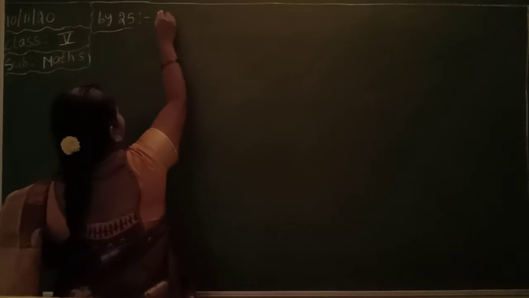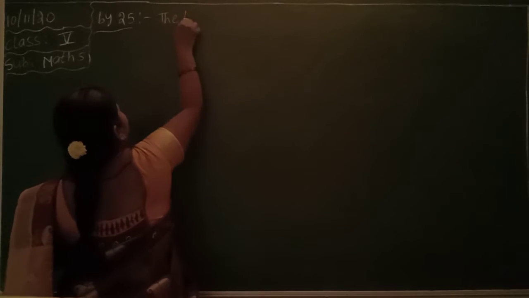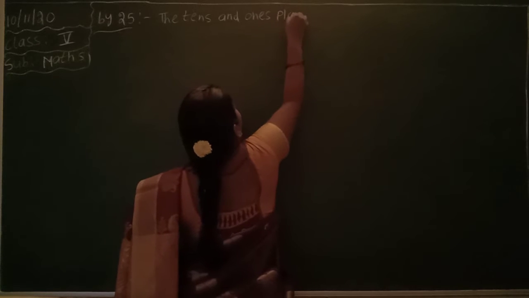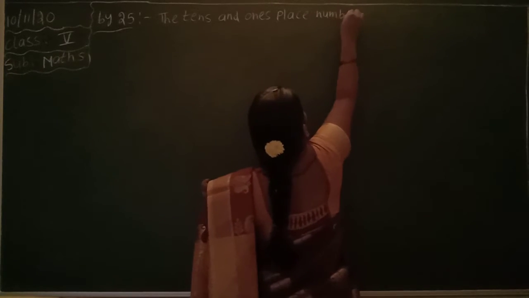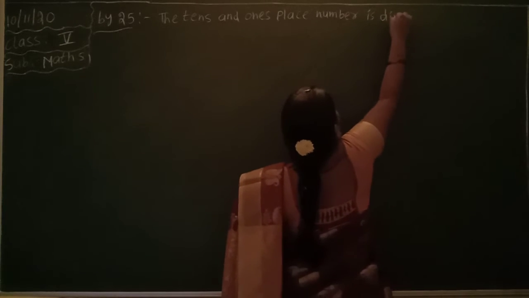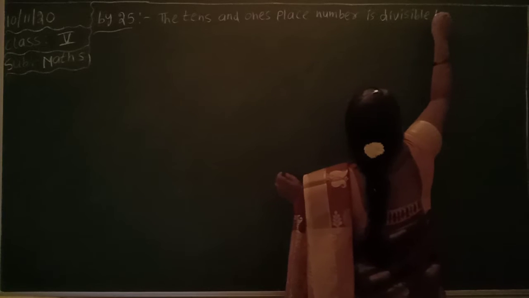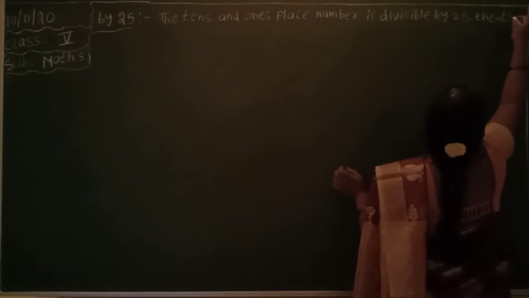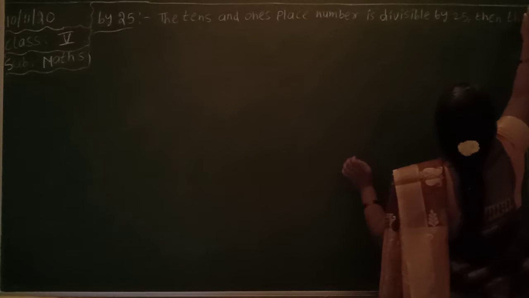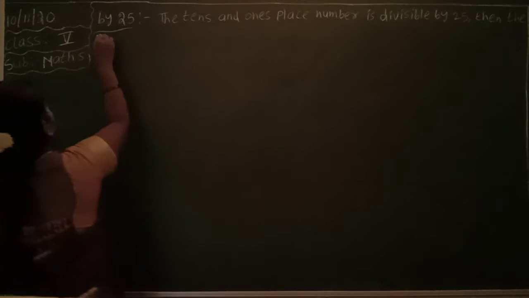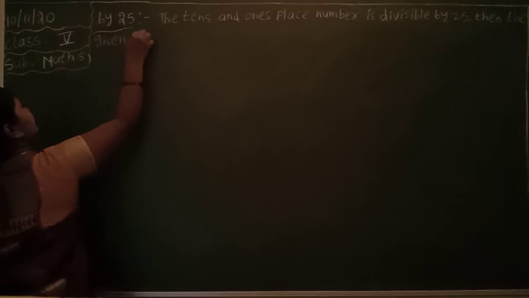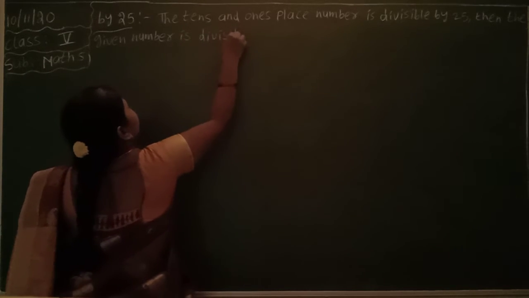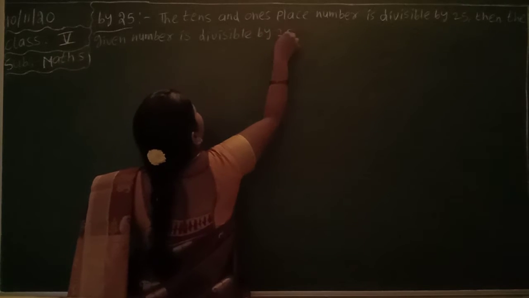Here, first, if the tens and ones place number is divisible by 25, then the given number is divisible by 25.